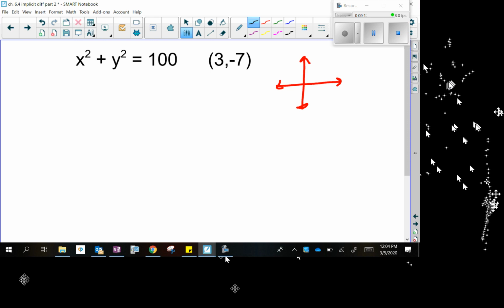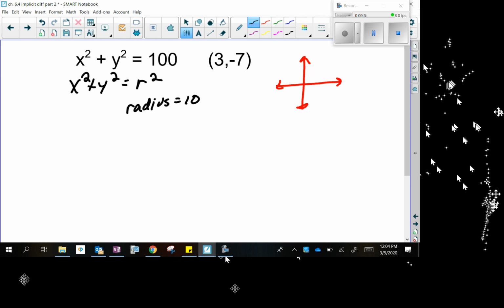So this is x squared plus y squared equals r squared. So the radius is 10. Where's the center of the circle? Ignore the point for now. Just based on this equation, what's the center?